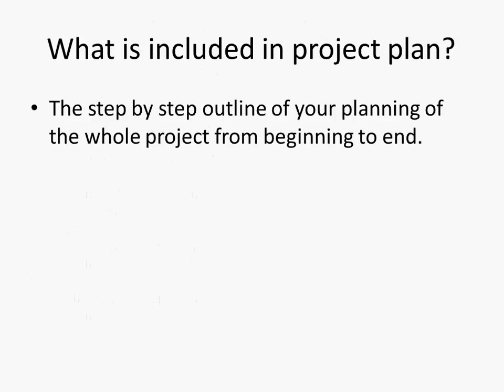What's included in the project plan? Well, the project plan is basically the nuts and bolts, step-by-step outline of your planning for the whole project from beginning to end. Well, then you may say, well, Clay, why are we doing a project plan in Microsoft Project and putting this on the web page? Well, the web page gives more information in some parts and then it gives condensed information in others.